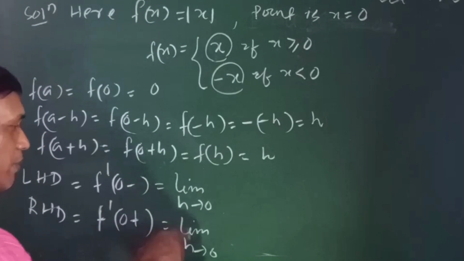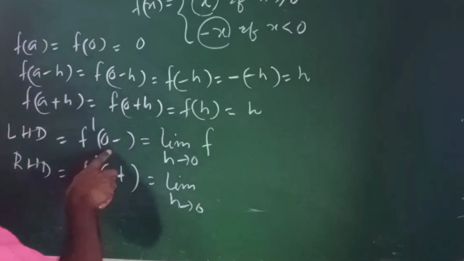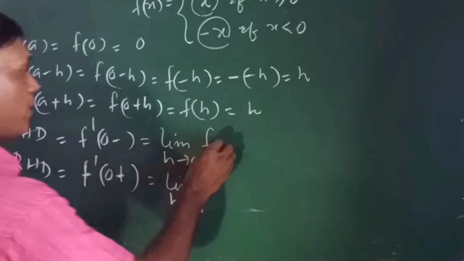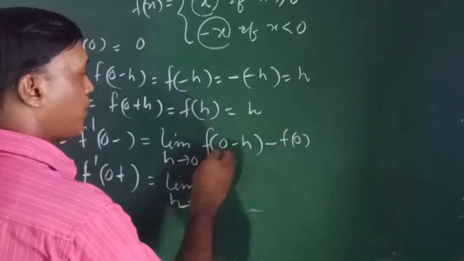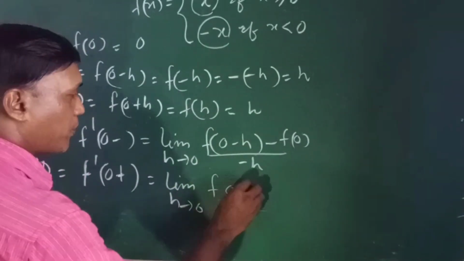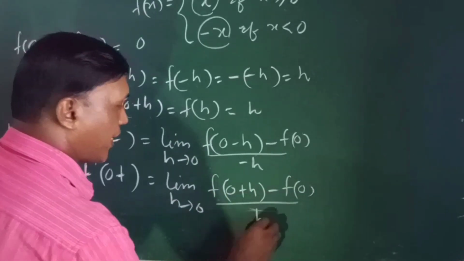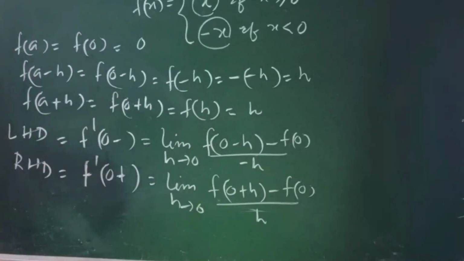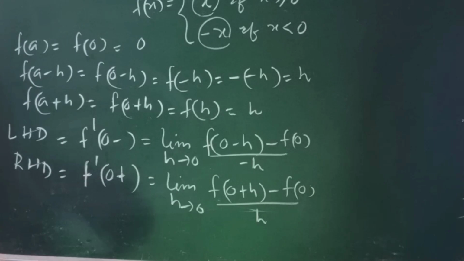This is f of, आज टेस्ट करते कहाँ, कौन सा पॉइंट पर? 0 पॉइंट पर. f of 0 minus h minus f of 0 by minus h and this is f of 0 plus h minus f of 0 by h. This is the formula.